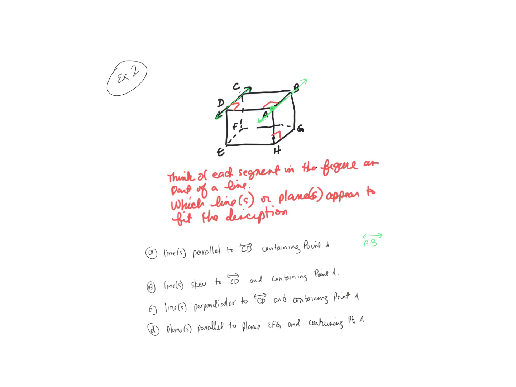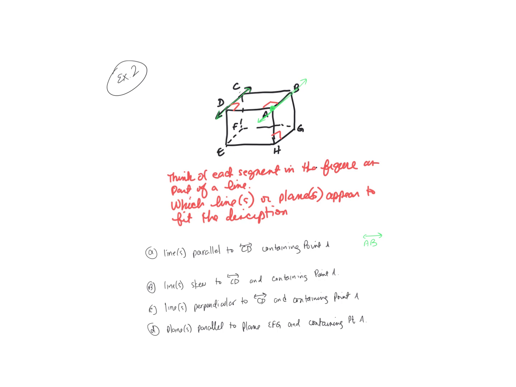The next one says a line that is skew to CD and also contains point A. So we're looking for a line that is skew to CD and contains point A. First of all, it's going to be a line that is not on the same plane as CD. Notice that AB is coplanar, so it's not going to be that line, plus it's parallel, not skew.